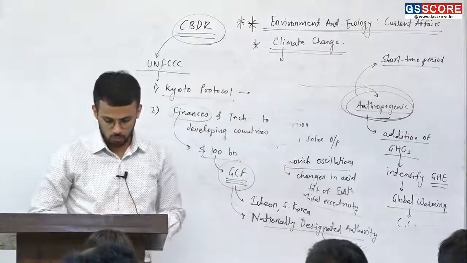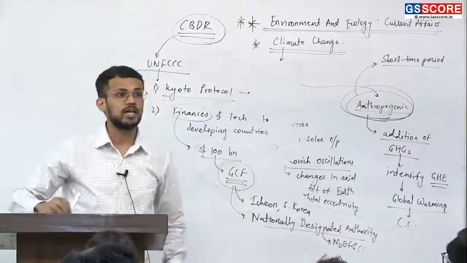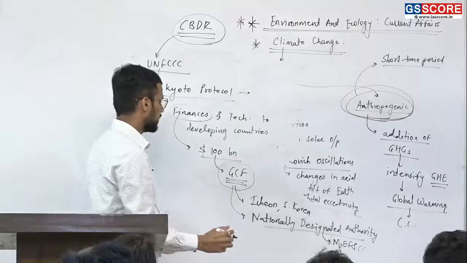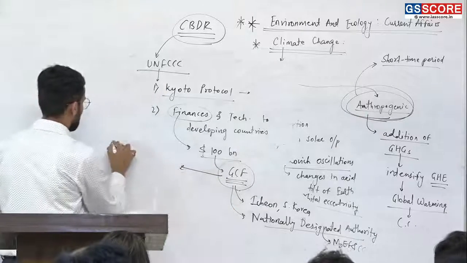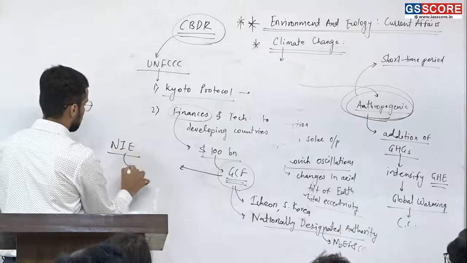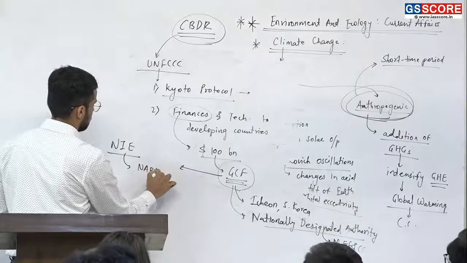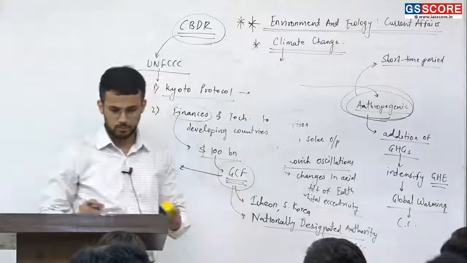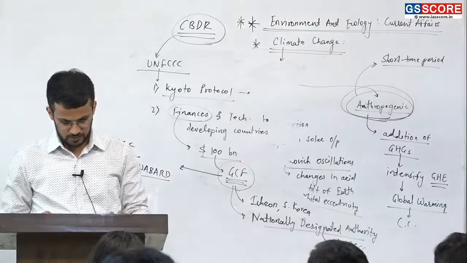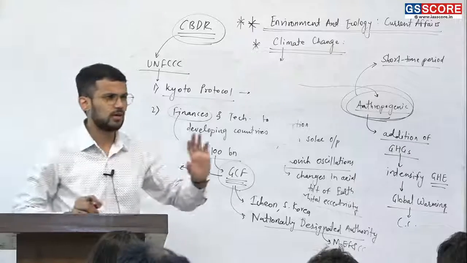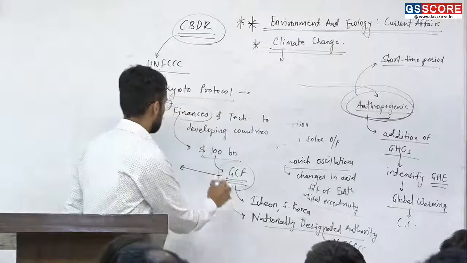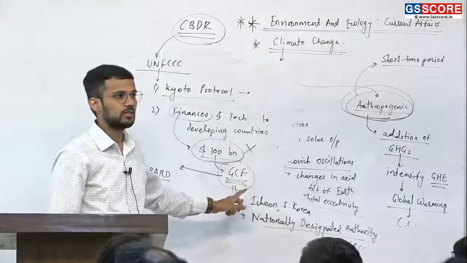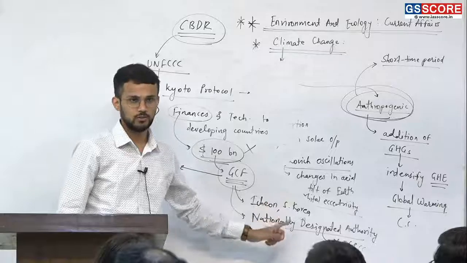And there is one more term, National Implementing Entity, NIE. The National Implementing Entity for GCF is NABARD. So that is an important point. But you must be aware that this target is not met. They are not meeting the target of $100 billion annually.